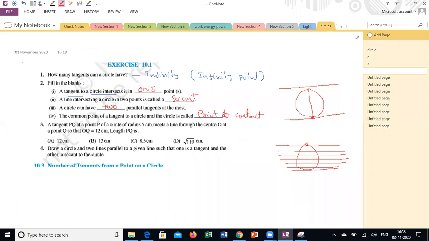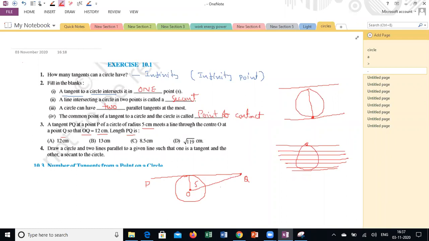A tangent PQ at point P of a circle of radius 5 centimeters meets a line through the center O at point Q so that OQ is 12 centimeters. Then what is the length of PQ? There is a tangent PQ, so I'm drawing the diagram. The radius is 5 centimeters.